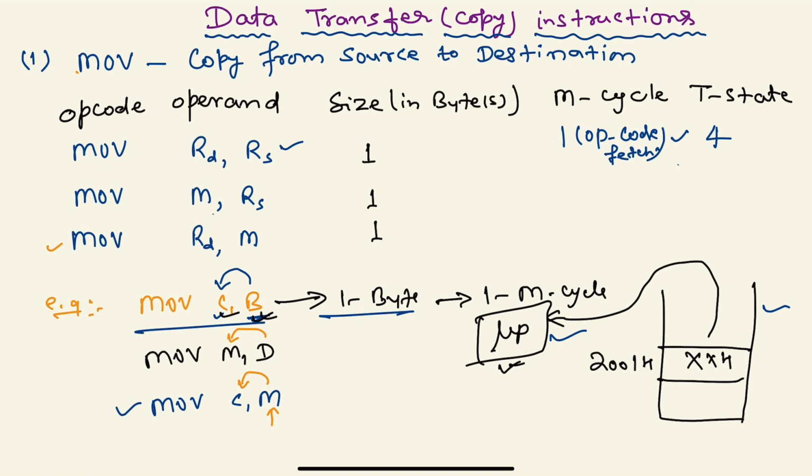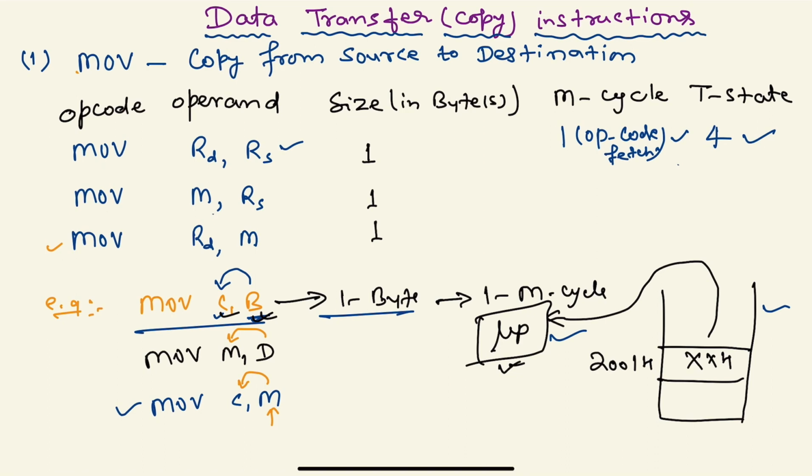For the opcode fetch operation, the minimum number of T states required is 4 T state, and most of the instructions in 8085 have an opcode fetch operation of 4 T state only. There are very few which require 6 T state, so I will explain further why it is required and for which instructions.